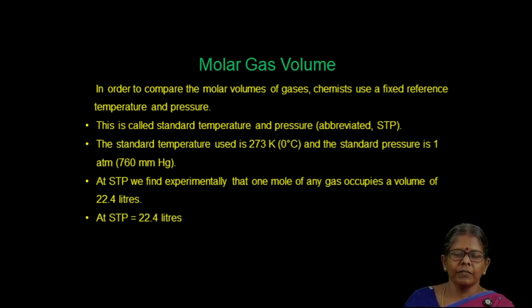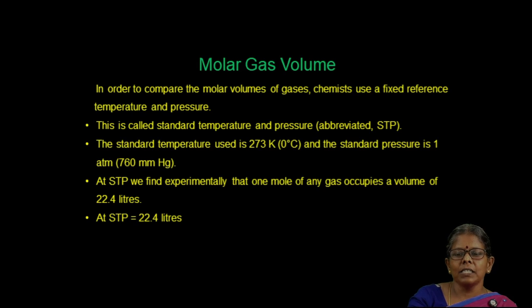If it is in a hilly region, its atmospheric pressure is different, and if it is nearer to sea level, the pressure will be different. Likewise, the temperature of nations will also vary to some extent. Therefore, scientists use a standard temperature as well as a standard pressure, abbreviated as STP.